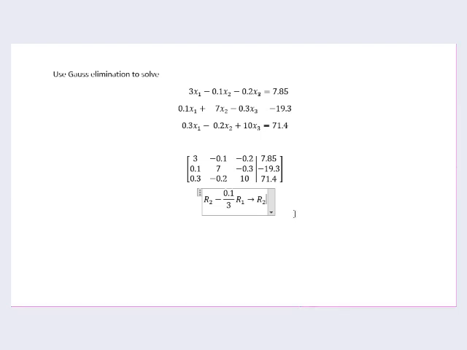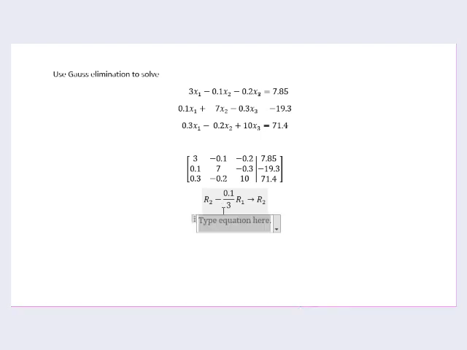Now when we multiply a row by any number, that doesn't change the solution of our system. We can add two equations and then replace one of the equations. That doesn't change our solution. So when we are doing these row operations, our solution is not going to change. So I'm going to multiply the first row by 0.1 divided by 3.